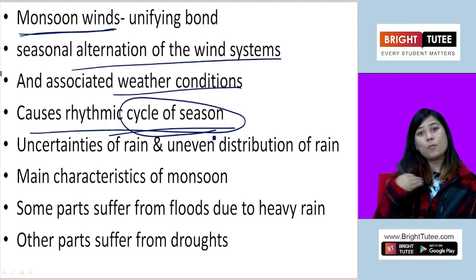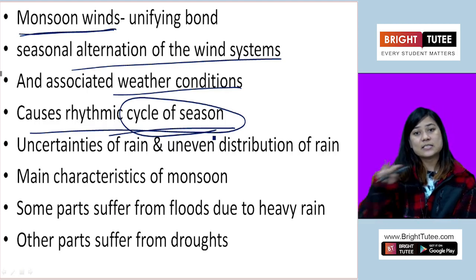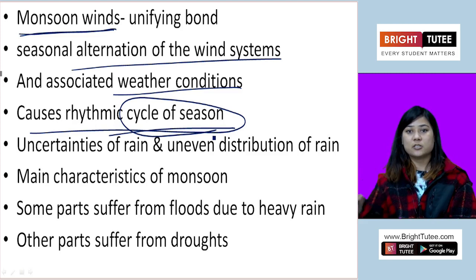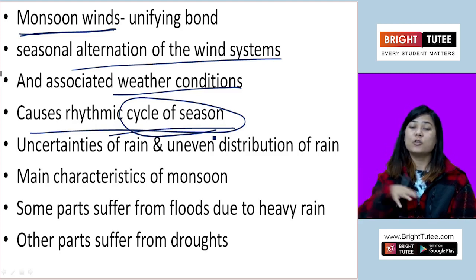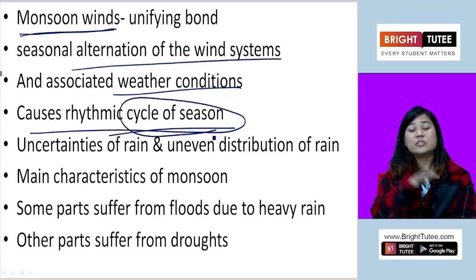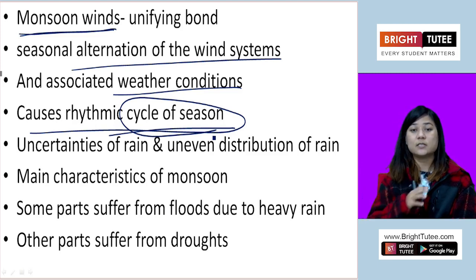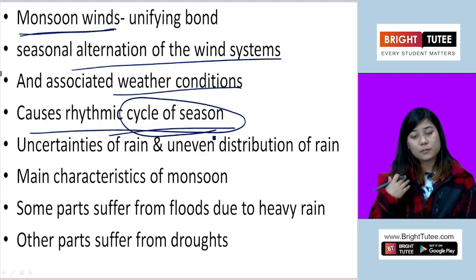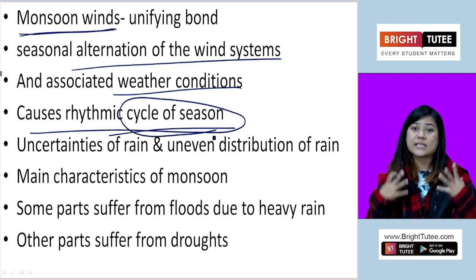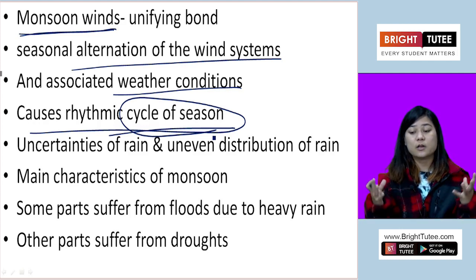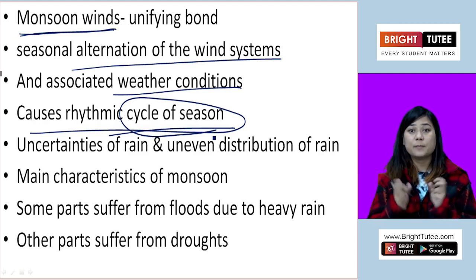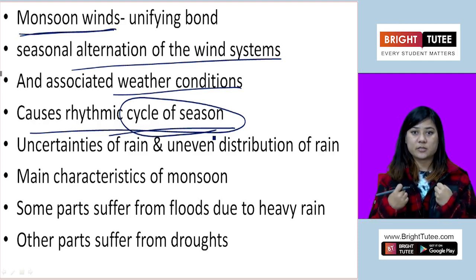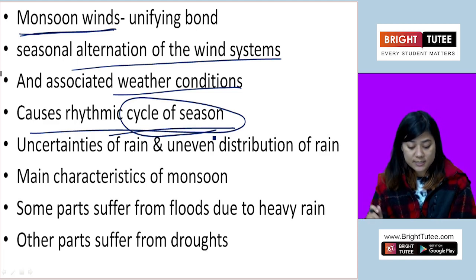Had there been no monsoon winds, this rhythmic change of the seasons, one after the other, would not have occurred. So the monsoon wind is the only thing which acts as a unifying bond, because then everyone experiences the change in the season.